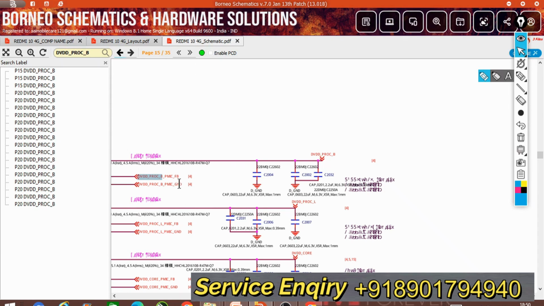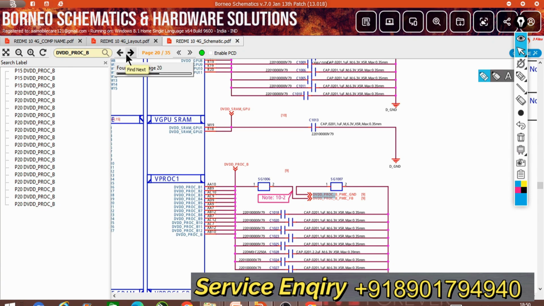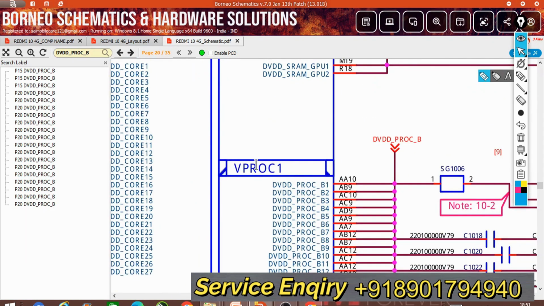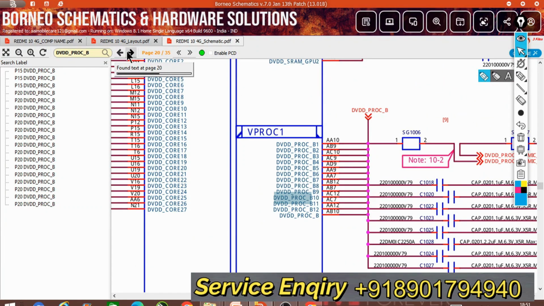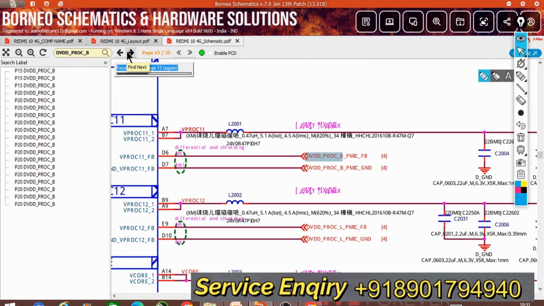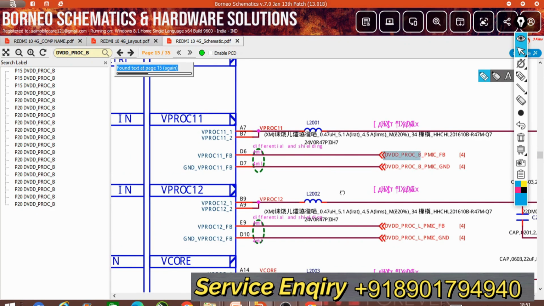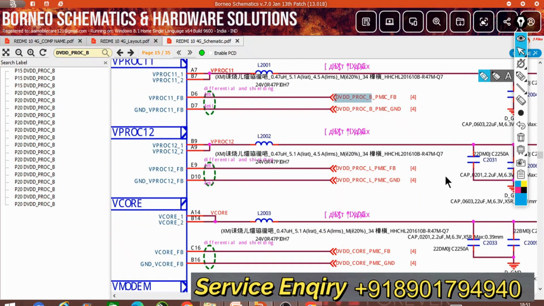If these feedback lines do not come from the CPU to the power, or this line is open, your phone does not work, does not turn on, and all your bucks are in fluctuation. This is called the VPROC 1 section.